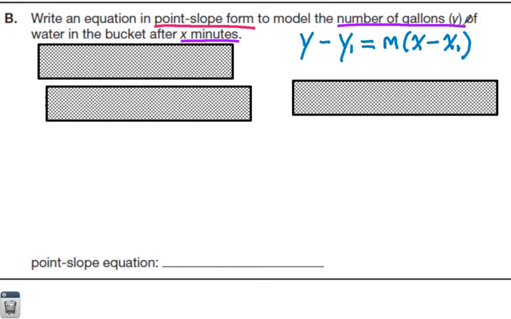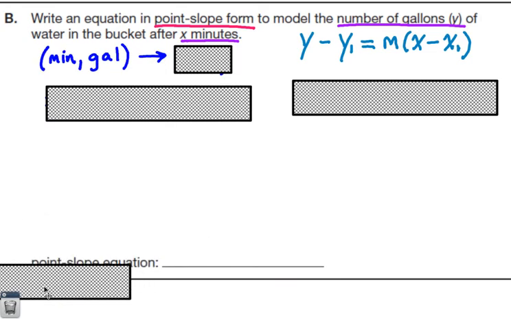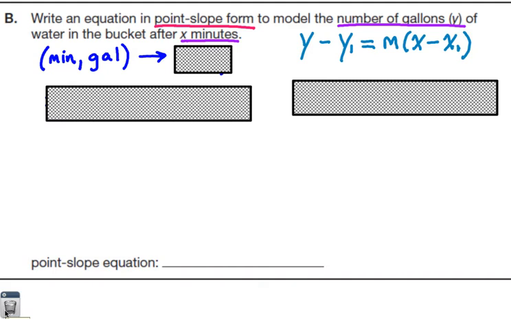So anyway, trying to cut to the chase here. As far as a point, which is essentially an x-y pair, what we're looking for is a minutes-gallons pairing. We're looking for a certain number of minutes that pairs up with a certain number of gallons in this situation.